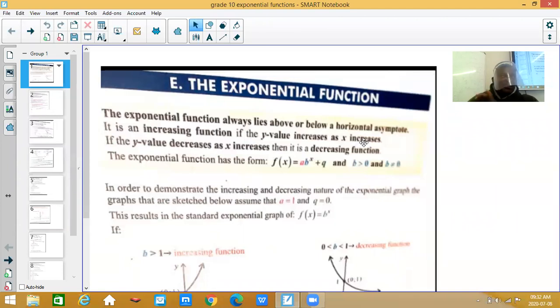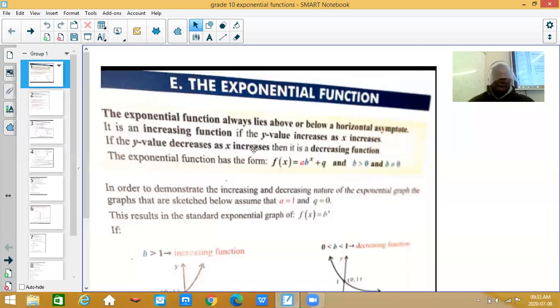When you have the asymptote, the effect we're talking of is not anything new. It always lies above or below the horizontal asymptote. It is an increasing function if the y value increases as x increases, and it is a decreasing function if the y value decreases as x increases.